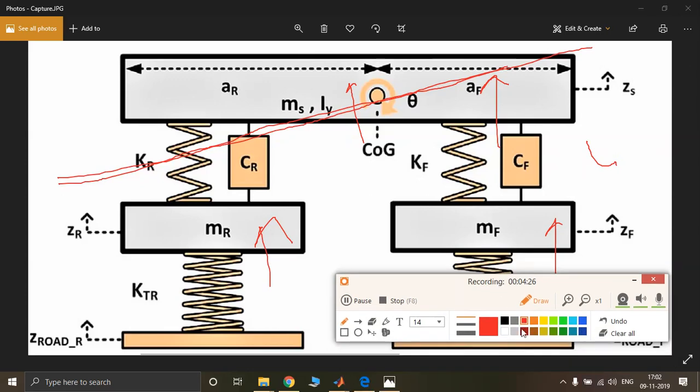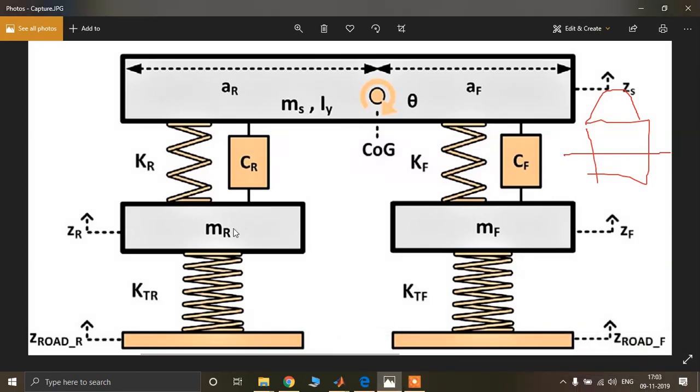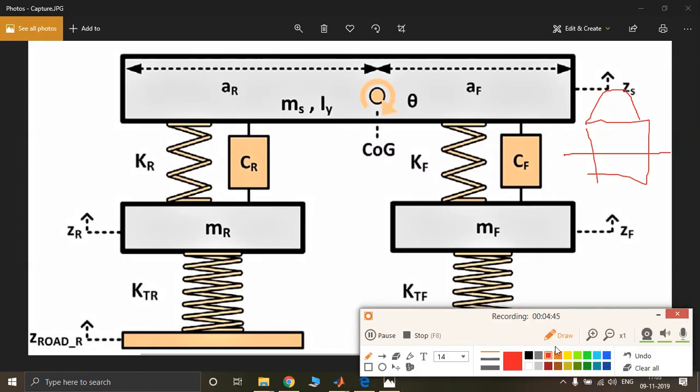Now let us consider when we have a car like this. This is the left side, and suppose this is the right side, and suppose this is a bump.